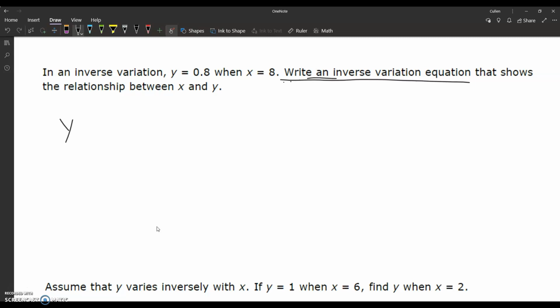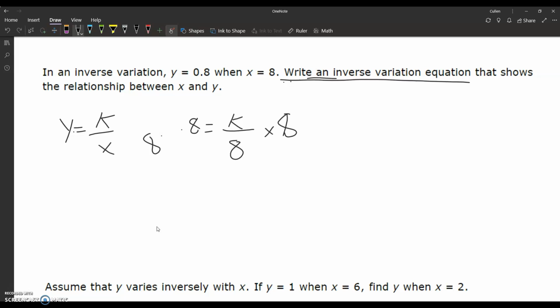So we're using y equals k over x again. And then all we've got to do is plug in 0.8 for y. And then I'm going to set that equal to k, because I don't know k. I want to solve for it, over x, and x is 8. So just multiply both sides by your denominator over here, which is 8.